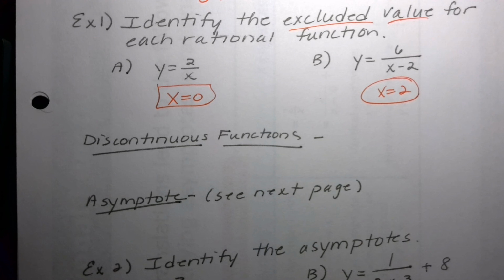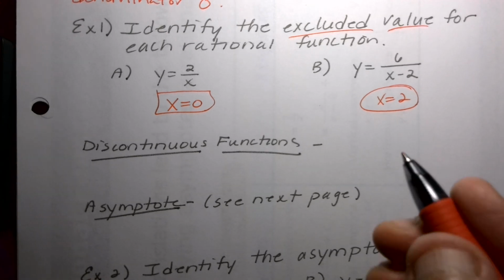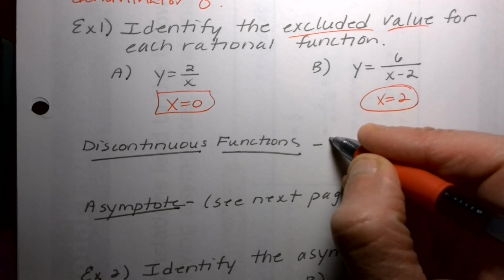Now, discontinuous functions. We talked about this briefly before. Remember, continuous functions, or lines, were things that didn't have any break in them. A linear function is a line. That's a continuous function because it never has a break in it. Well, we're going to be talking about graphs which do have a break in them.